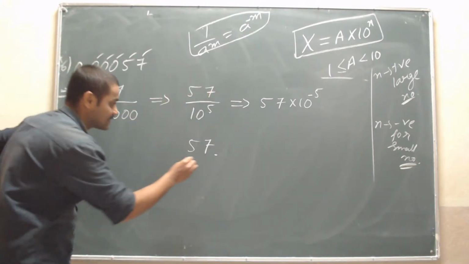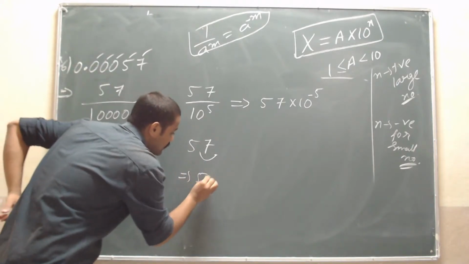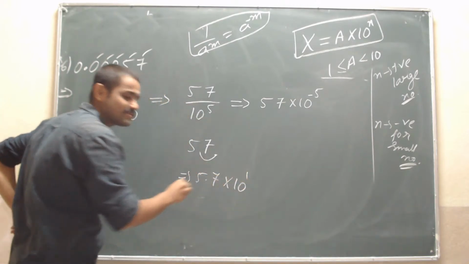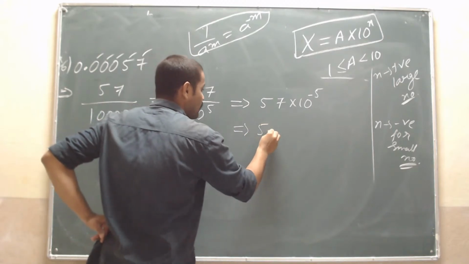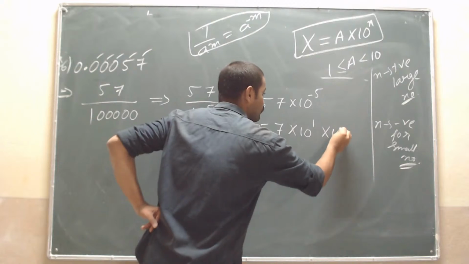We have jumped one place. It becomes 5.7 into 10. How many jumps? Only one jump. Now write it here: 5.7 into 10 to the power of 1 into 10 to the power of minus 5.